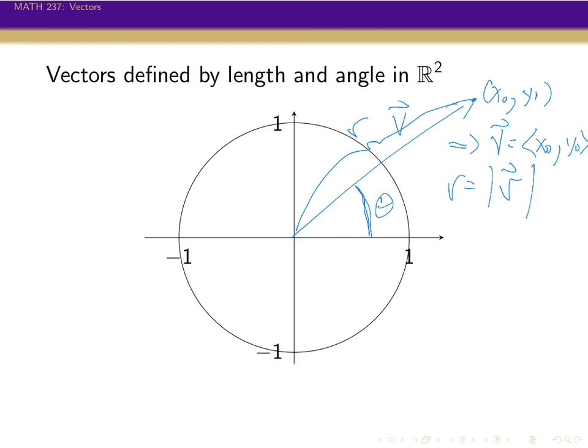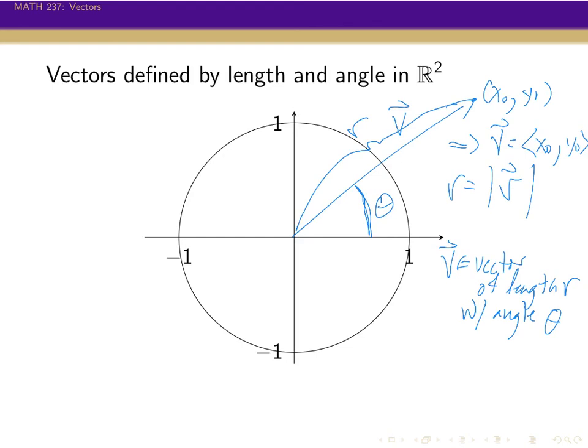So we'll call that angle theta. And so we can think about v also as being a vector of length r with angle, and we're always talking about the angle going up from the positive x-axis, theta.